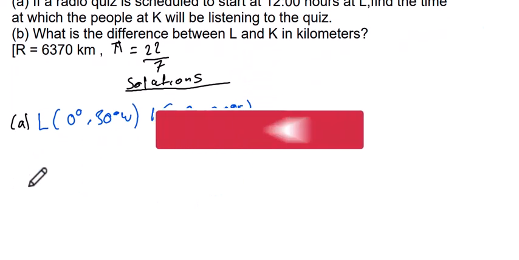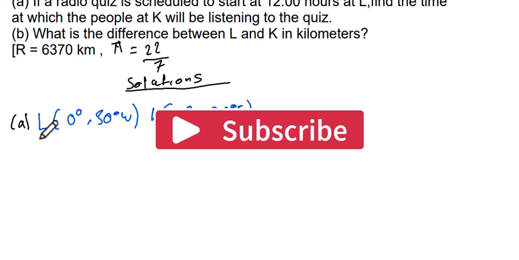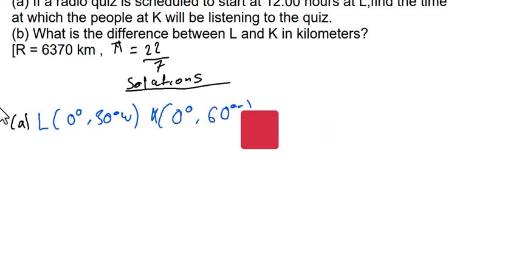So solutions for A. Since we know L is represented by this and K is represented by this, we're going to say 30 degrees plus 60 degrees.